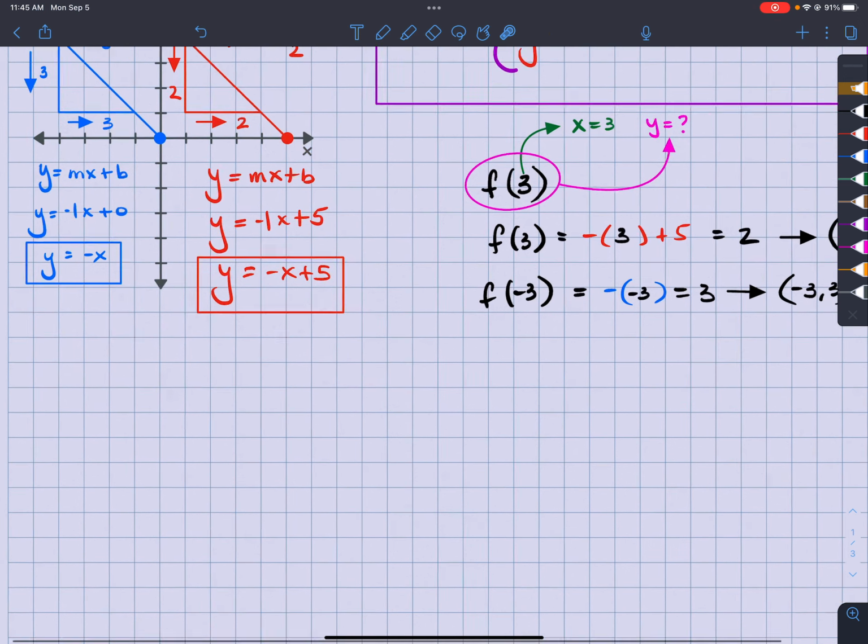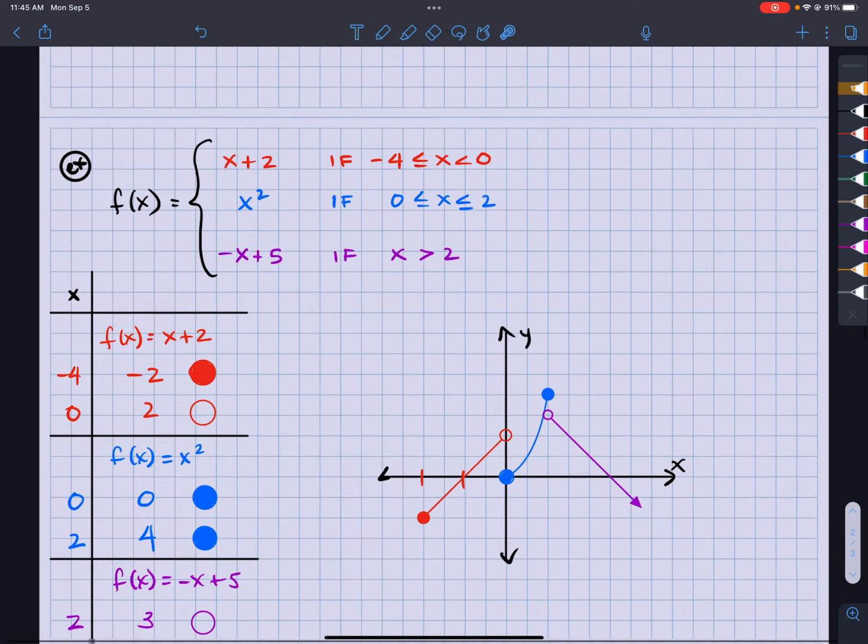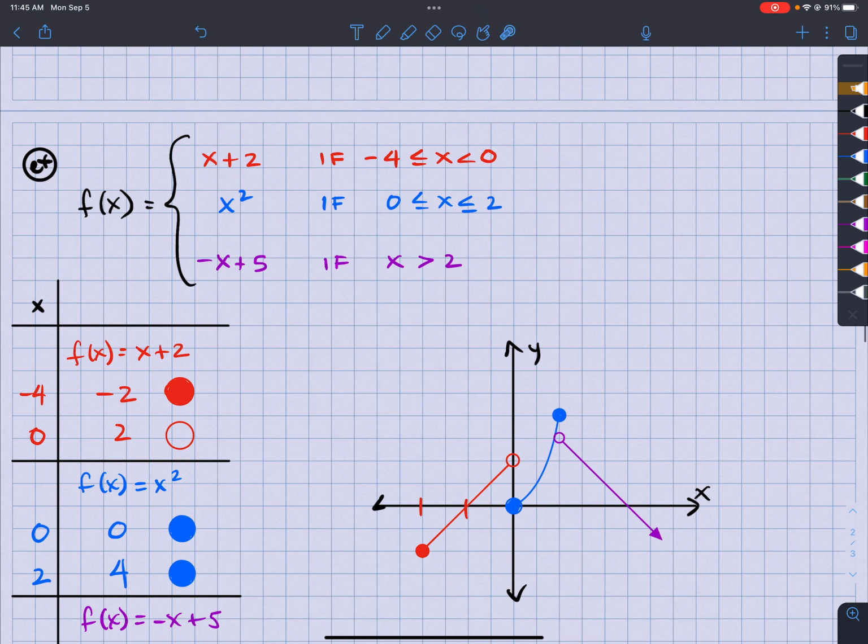All right. So what about here? What if we're given a function to use? So let's say it wants f of 2, right? So if that's the case, let's take a look at 2. Does 2 lie here? Is 2 greater than 2? No. Does 2 lie between 0 and 2? Yes, because 2 is included here, so that means the blue equation would be what I want.